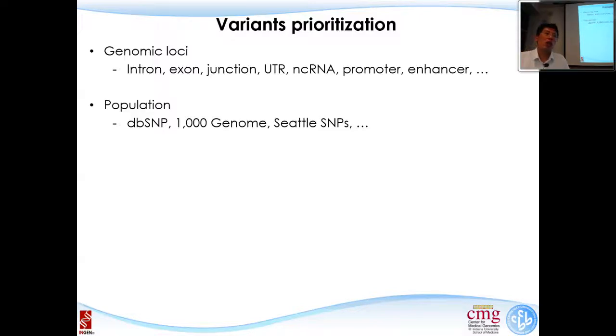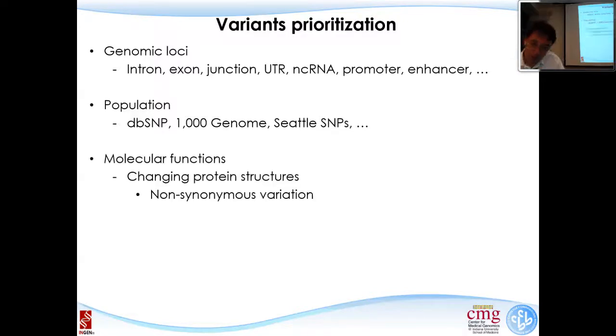But if you are looking at hypertension, Alzheimer's disease, or Parkinson's, which are late onset diseases, there is a good chance that the initial 1000 Genomes samples, who are healthy individuals, have not been old enough to show those phenotypes yet. So it really depends on the disease you're working on and how aggressive you are in terms of filtering.